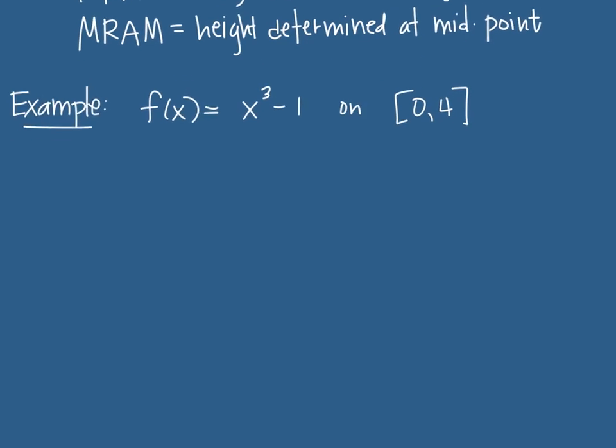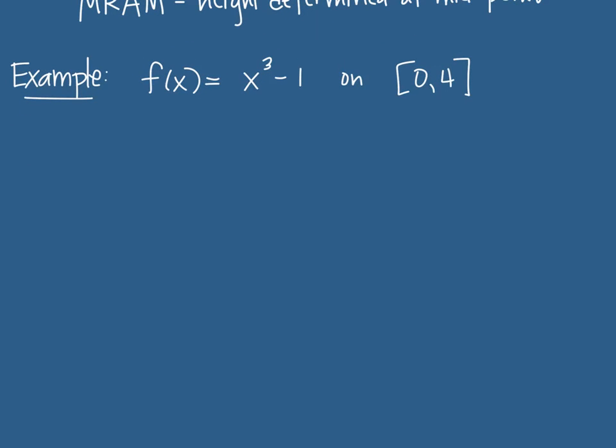Okay, so I always like to visualize it. It really helps me to have a picture in my mind of what's going on. So a cubic is going to have a y-intercept of -1. And it's going to come up like this. Okay, there we go. The rest of the cubic is over here.